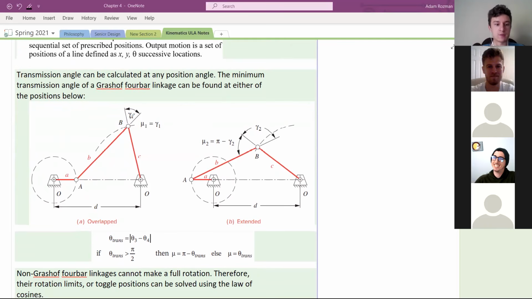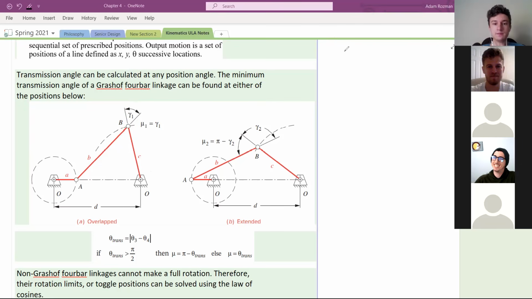The transmission angle is basically you take your links, draw your links out like this, and whatever the angle between those two links is your transmission angle. Generally, you want larger transmission angles instead of smaller ones because with a smaller angle you're concentrating stress, and it's easier for things to lock up.